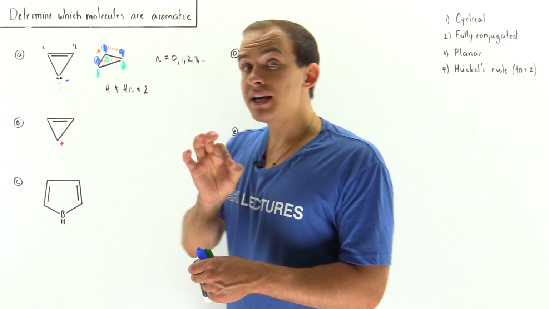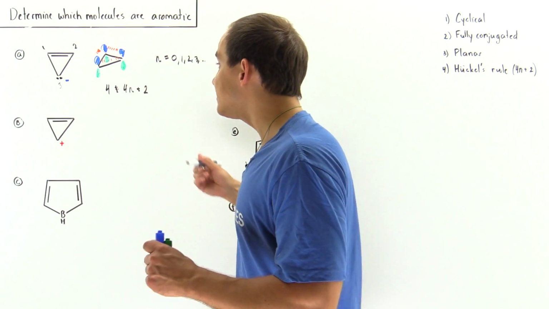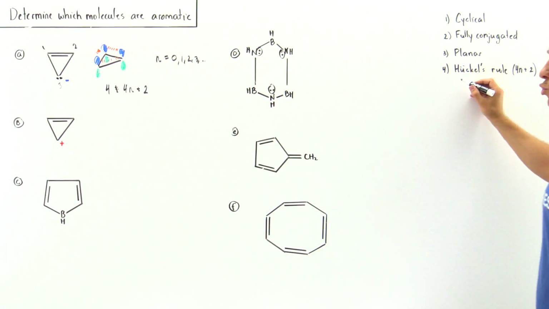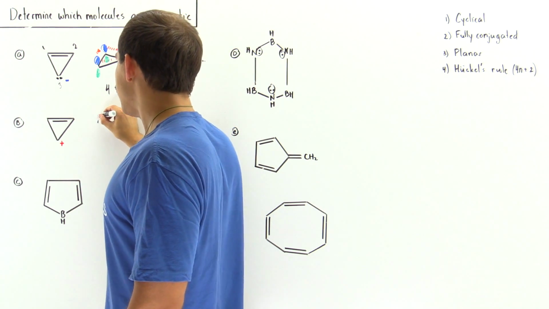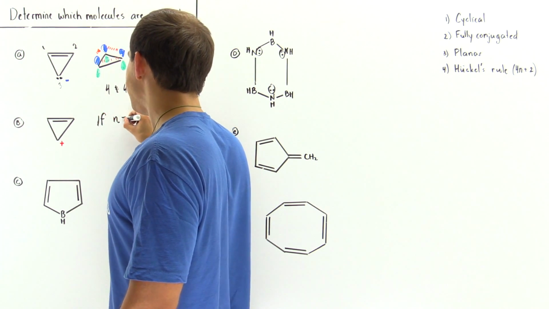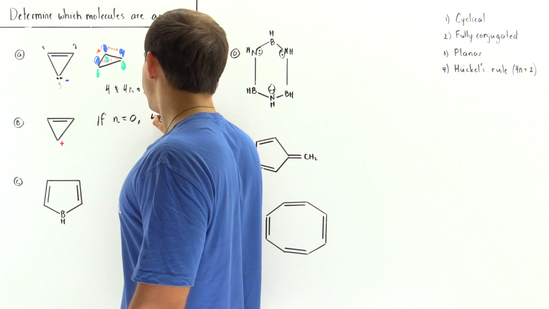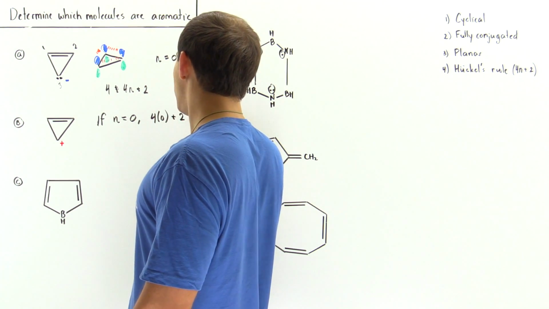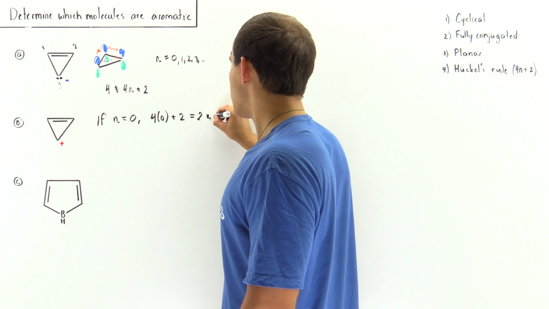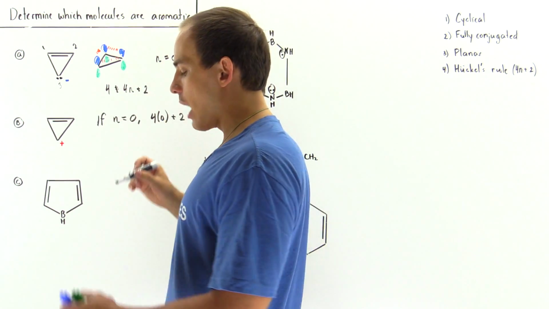And in fact, because of this, it will satisfy the last rule. It satisfies Huckel's rule because if we let n equal 0, then 4 multiplied by n, which is 0, plus 2, does in fact equal 2 pi electrons in our molecule.